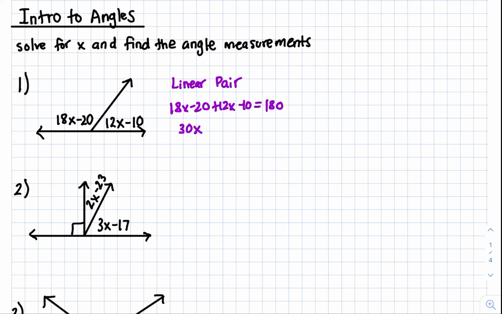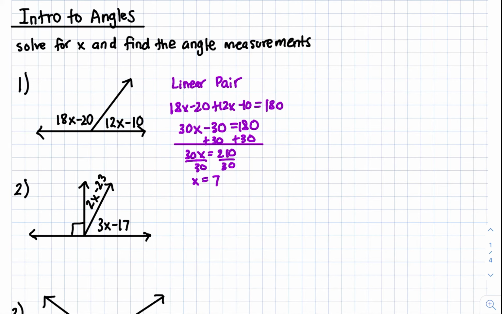Negative 20 minus 10 is negative 30, which is equal to 180. We add 30 to both sides. 30x is equal to 210. Divide both sides by 30, and we get x is equal to 7.